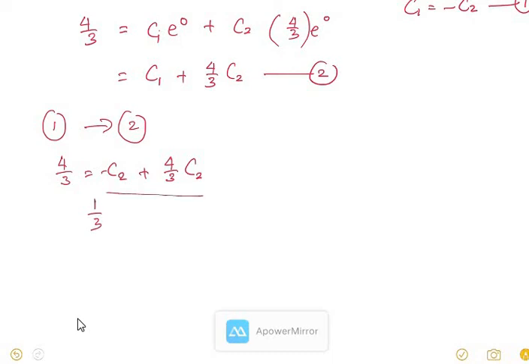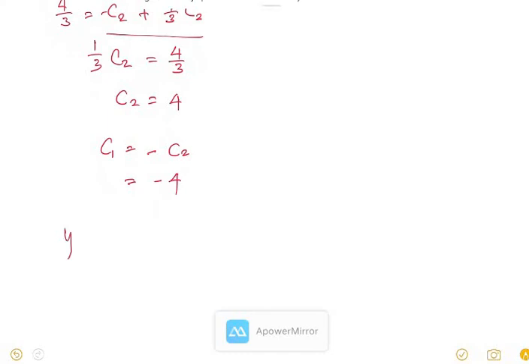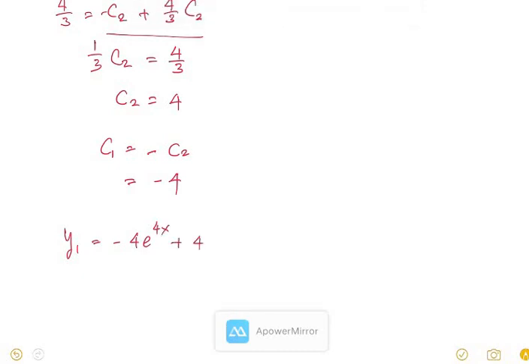So you solve this one, you get C2 equal to 4. And C1 equals negative C2, which is equal to negative 4. So y1 equals negative 4 e^4x plus 4x plus 1 e^4x.